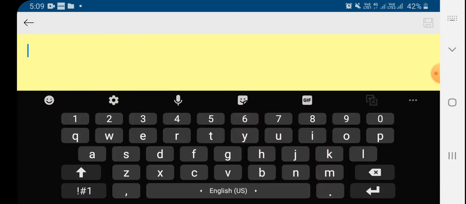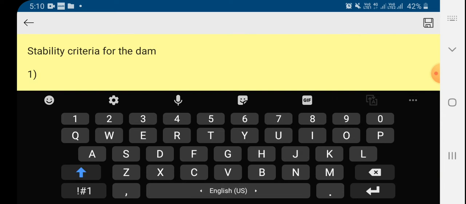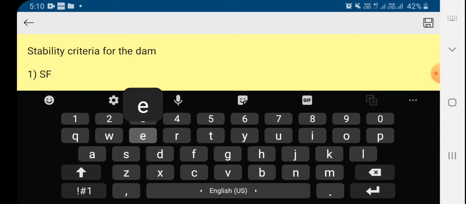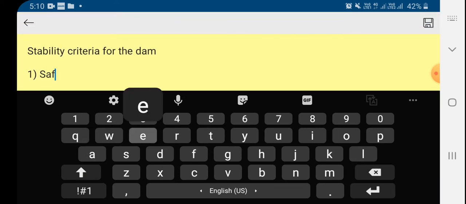So what have we seen today? The stability criteria for the dam. In that we have seen 4 criteria. First one, safety in sliding.